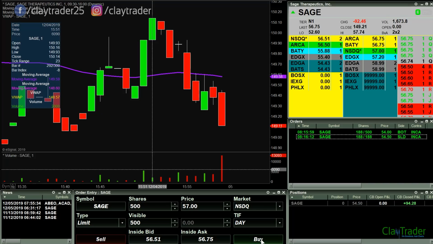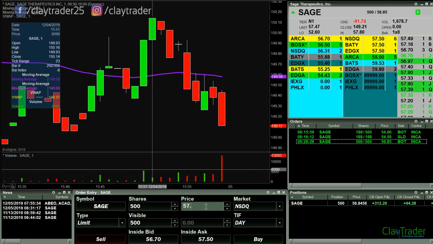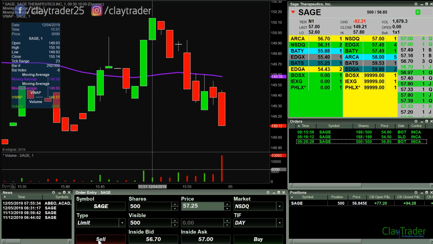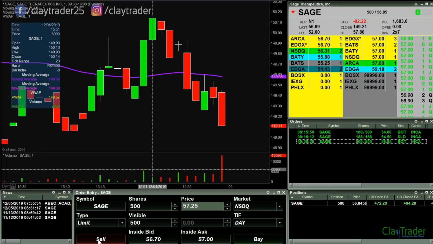All right, going in the open, I believe SAGE is going to want to break up above 57, and there is the break. Well, there was the break. Market opens up here in less than a minute.